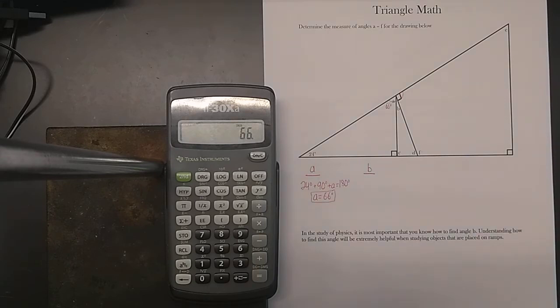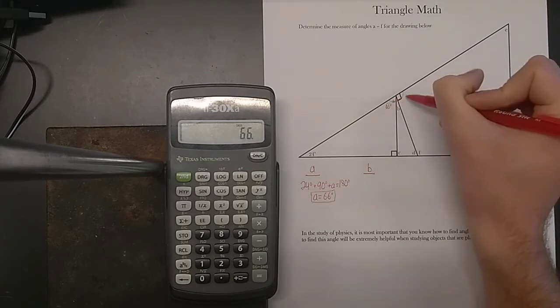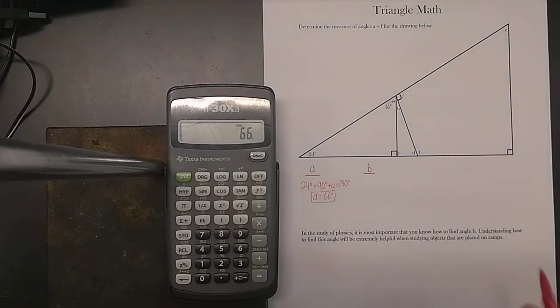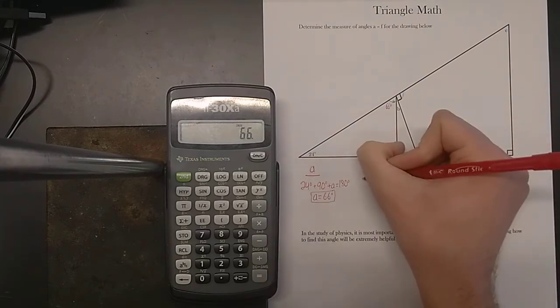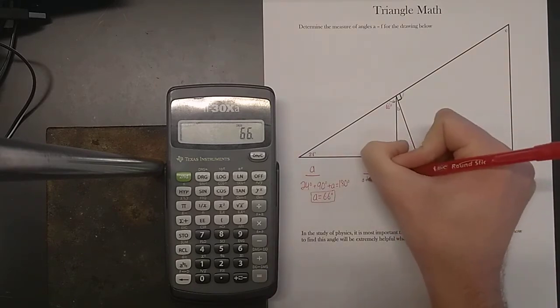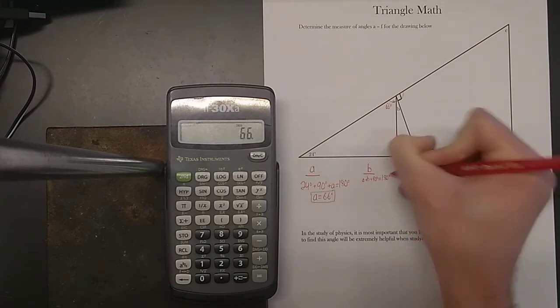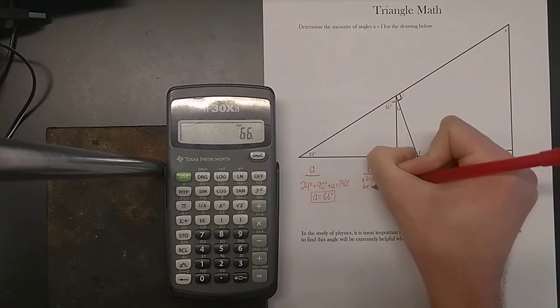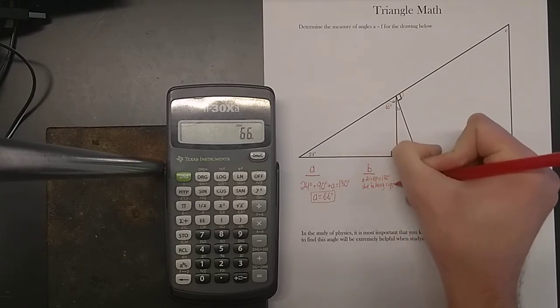It is made up of the right angle plus angle A plus angle B. The sum of all of those angles has to be 180 degrees. This is called supplementary angles, when angles add up to 180 degrees. So A plus B plus the 90-degree angle must equal 180 degrees due to being supplementary.